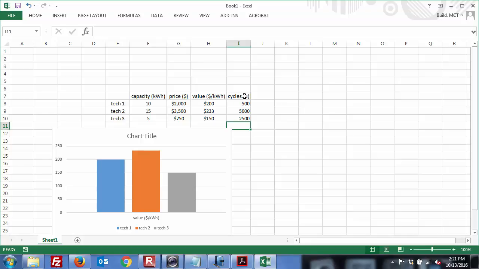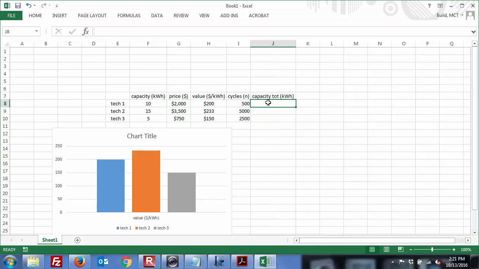What you're actually buying is the total number of kilowatt hours this thing is going to store, which is the number of cycles times the kilowatt hours per storage. So now we have capacity total, because you're filling up the jug this many times, so it equals single capacity times number of cycles, et cetera.